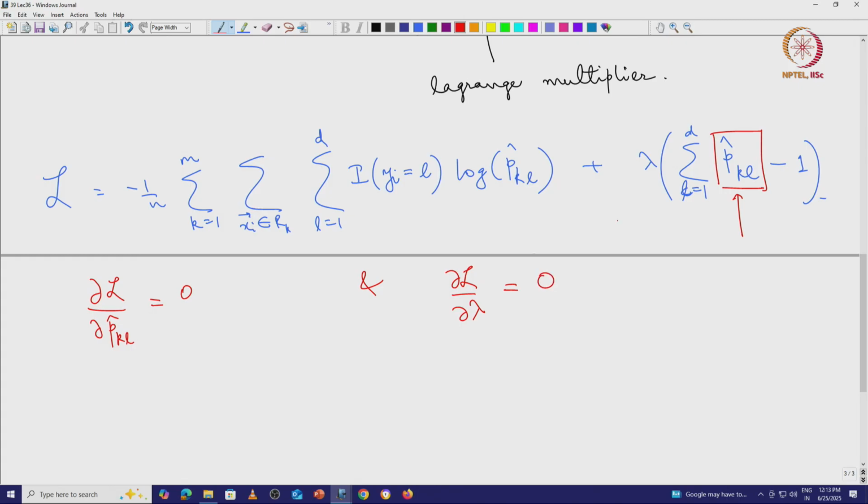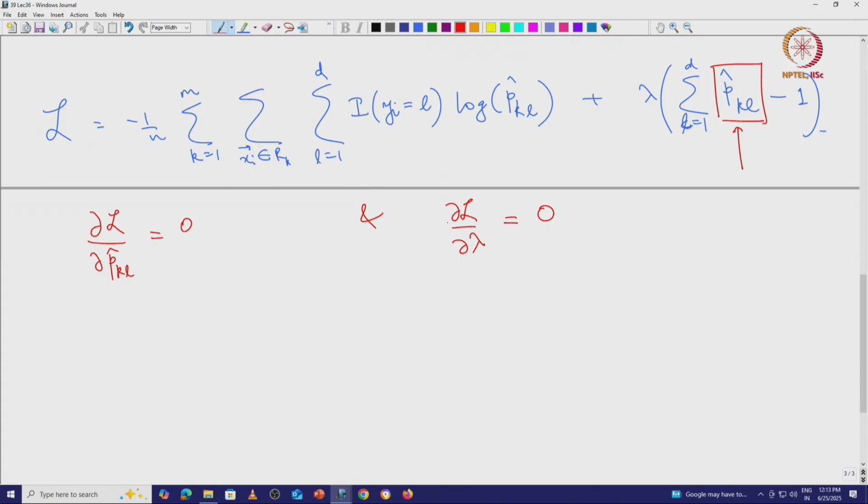That is what you typically do in a Lagrangian based optimization. Now, let us focus on the first thing here, del L by del p hat k L, which will be 0 at the optimal values of p hat k c.